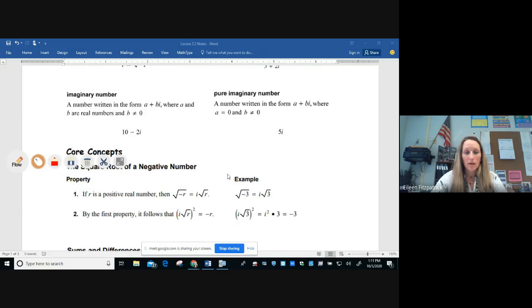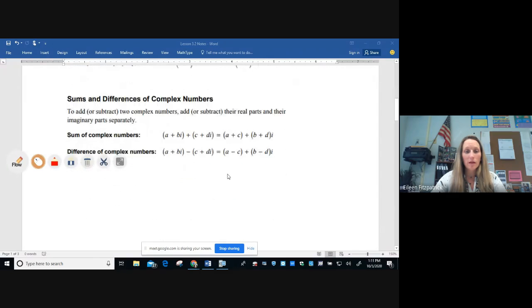Just let me scroll down. One more thing before we jump into the problems. We have sums and differences of complex numbers. To add or subtract two complex numbers, add or subtract the real parts and the imaginary parts.